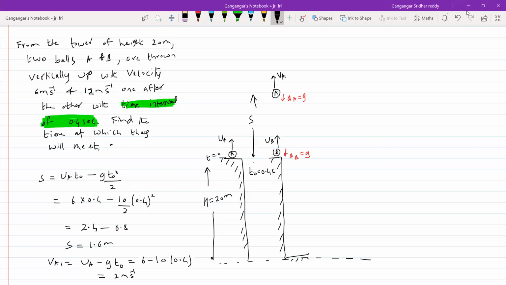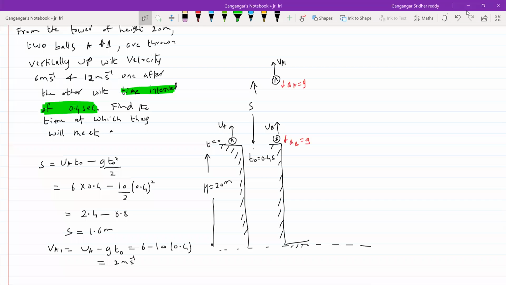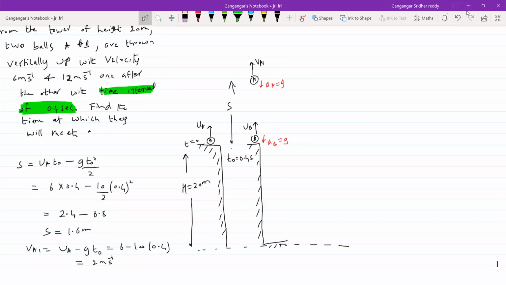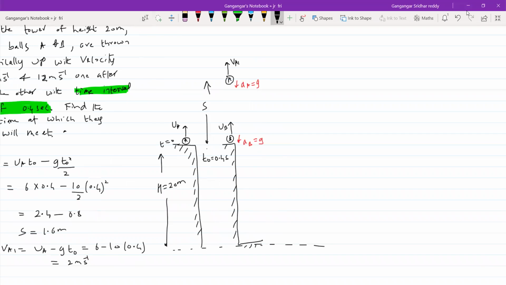What is our formula? How the formula should be? Yeah, we'll solve it here. S AB final minus S AB initial equals U AB T plus half a AB T squared. This will be 0.